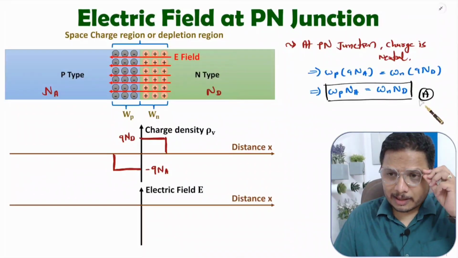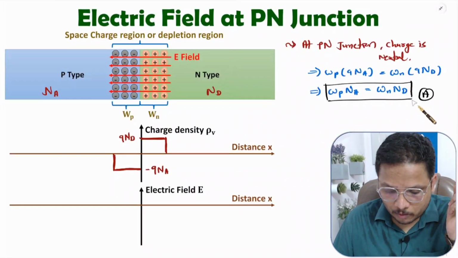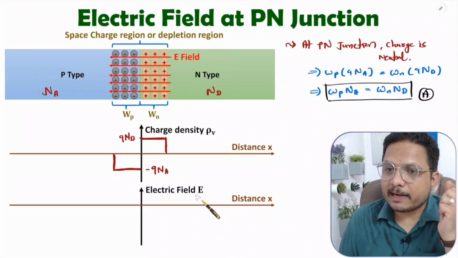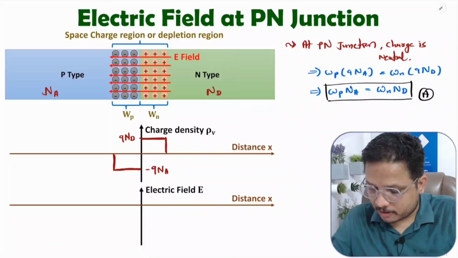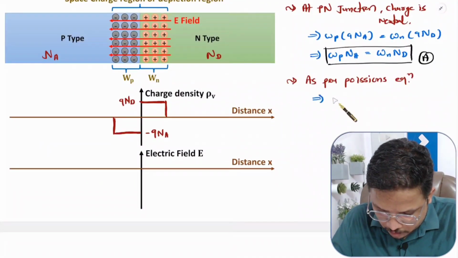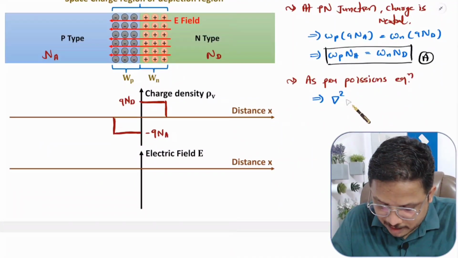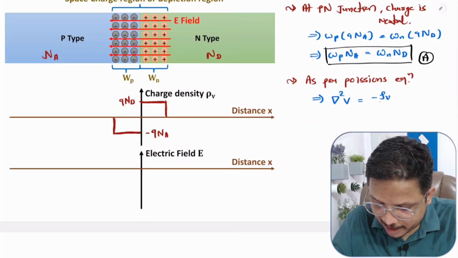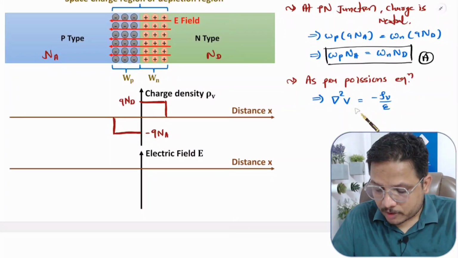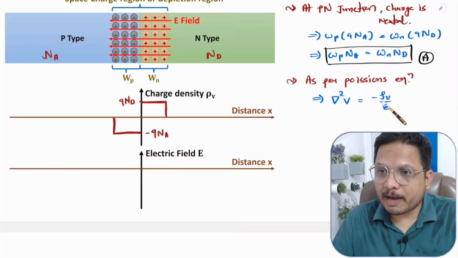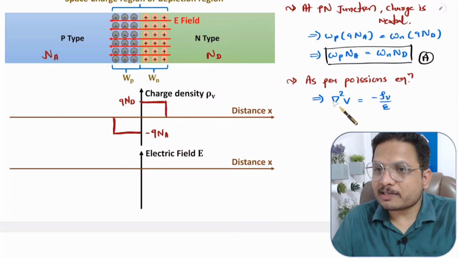Now, let us try to understand how we can derive the electric field, and that we can derive from Poisson's equation. So let me note down Poisson's equation over here first. Poisson's equation is del square V equals minus rho V by epsilon. What is del square?